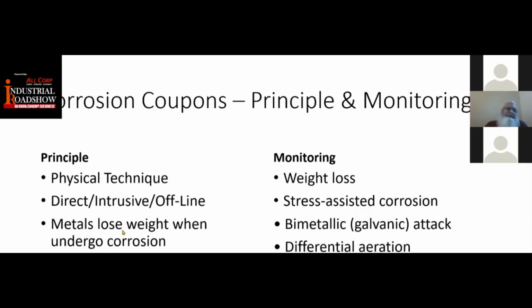The metal loses weight when it undergoes corrosion, and along with the inhibitors, the coupons give an indication of how much the corrosion rate is likely to be at the surface of the structure or the pipe metal, but not exactly what may be happening at the pipe surface or the structure surface.